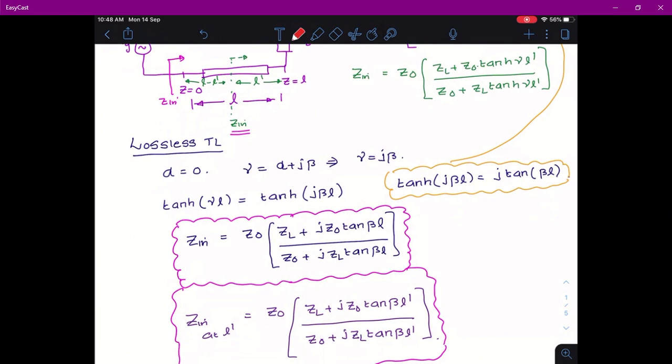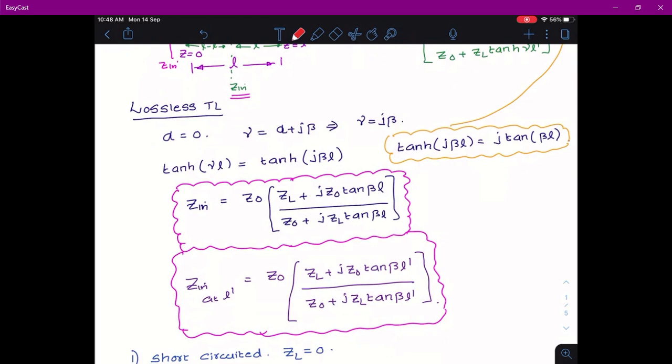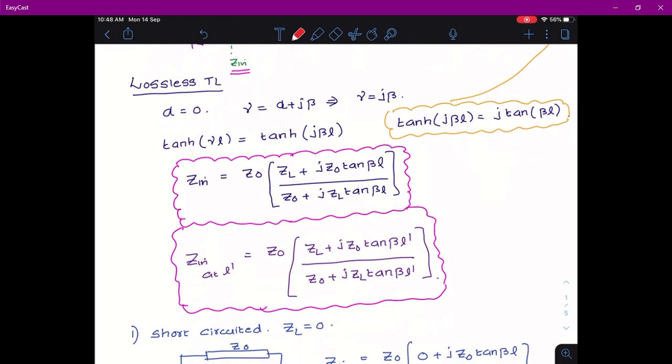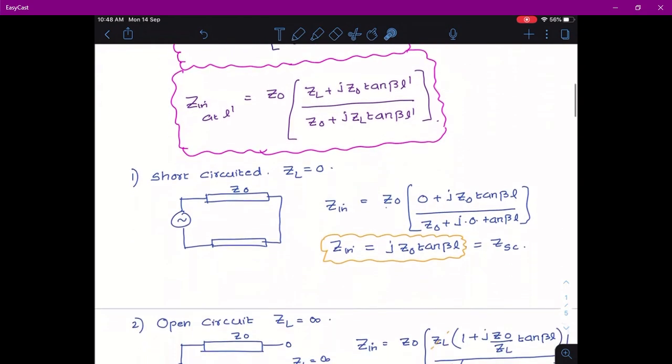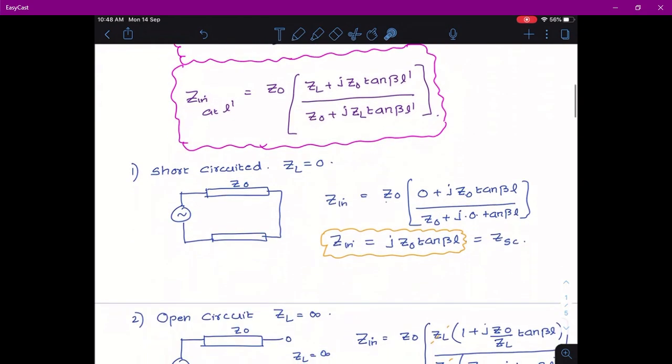Once we have a lossy transmission line, the derivations are a bit complex. So, we always start with a lossless transmission line, which helps in understanding our concepts well. In a lossless transmission line, alpha is 0, so your tanh of j beta L will become j tan beta L, and you can substitute that in the said expressions. And you have special cases where you have a short circuit.